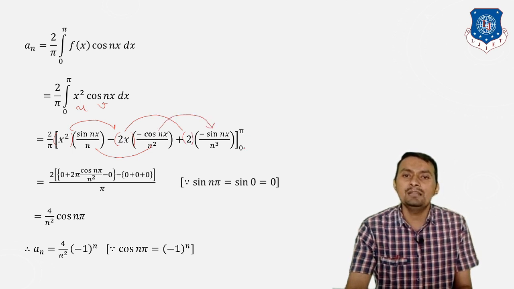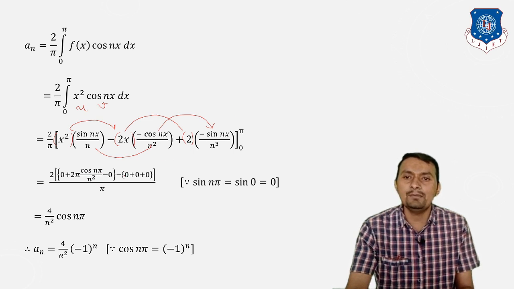But when we put upper limit and then minus lower limit, what are we going to get? Sine n pi is going to be 0. Cos n pi, so we get minus and again minus, so it is going to be plus 2 pi into cos n pi divided by n square, and sin n pi is exactly 0. But when we put the other limit, before that we will put a minus sign, but x is equal to 0 here, so this is going to be 0.